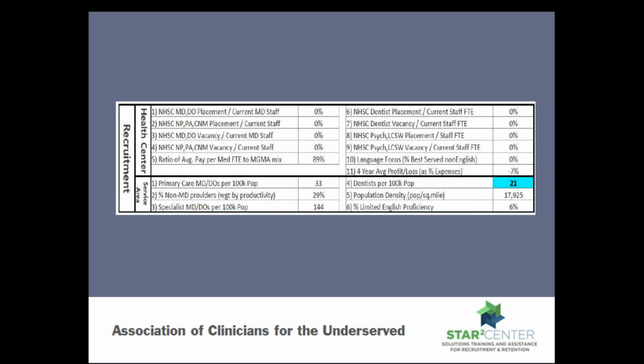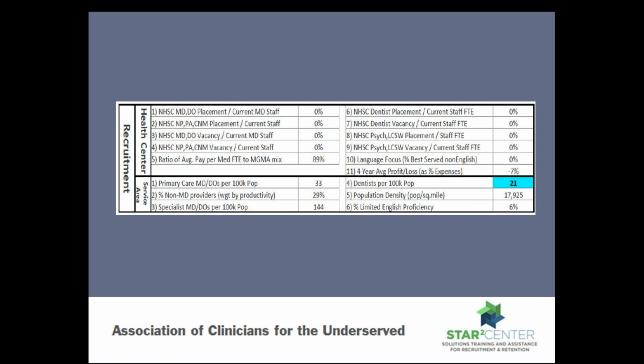So again, I mentioned we have National Health Service Corps. We also have a couple of other things that my excellent team has put together in terms of data. We do have things that maybe you don't necessarily think of when you think recruitment, but that we think could really affect recruitment.